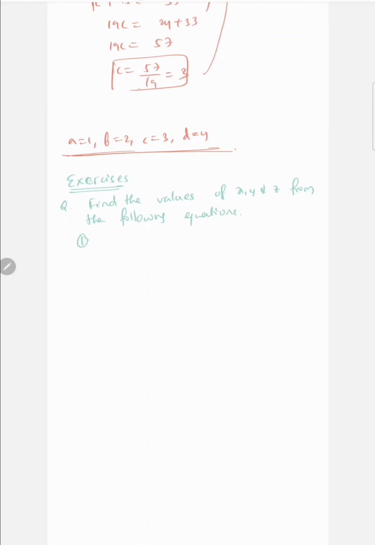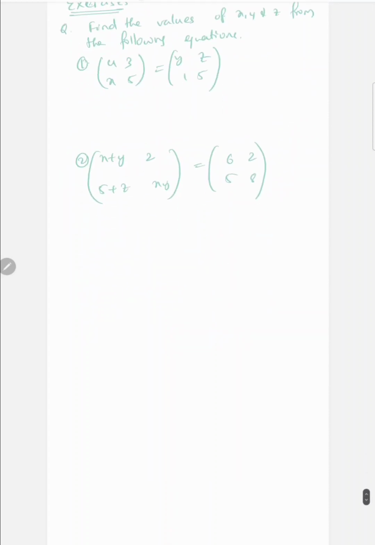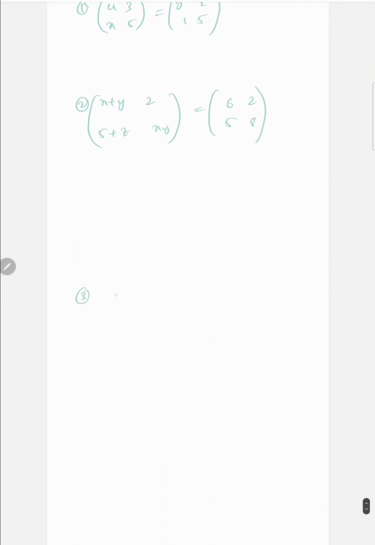So first one is 4, 3, x, 5 is equal to y, z, 1, 5. Second one is x plus y, 2, 5 plus z, x into y is equal to 6, 2, 5, 8. And third one is x plus y plus z, x plus z, y plus z is equal to 9, 5, 7.